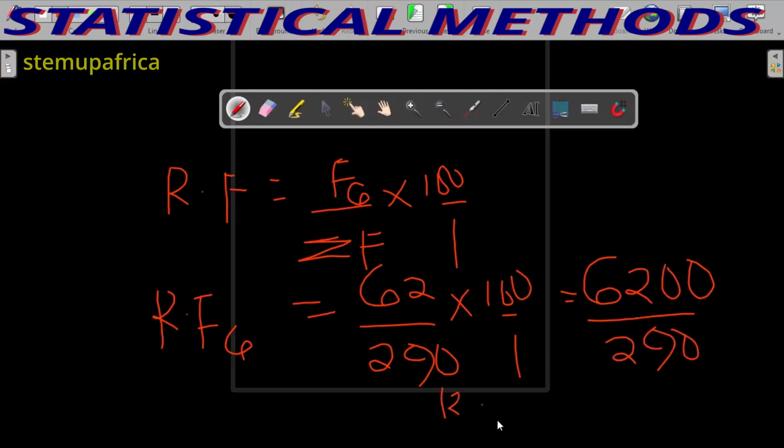So my RF, which stands for relative frequency, will give us what? If I divide 6200 by 290, that will give us 21.4%. That is now the relative frequency. That is how to calculate the frequency they ask for over the total times 100 over 1. That's how you determine relative frequency.